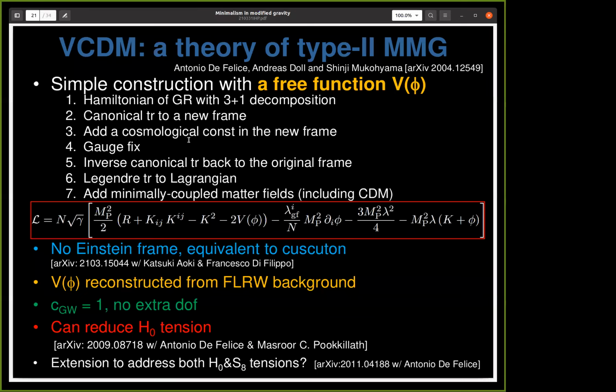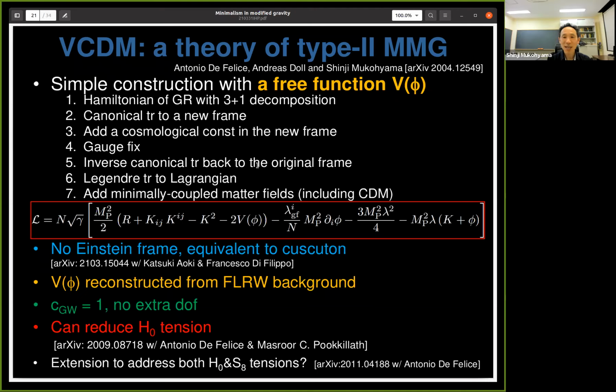Okay, but this type of models are extremely constrained. I mean, in particle physics, in many contexts, they are extremely constrained, no? Yes and no. If we minimally couple matter here, yes.